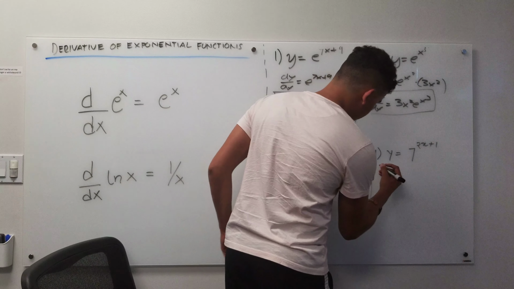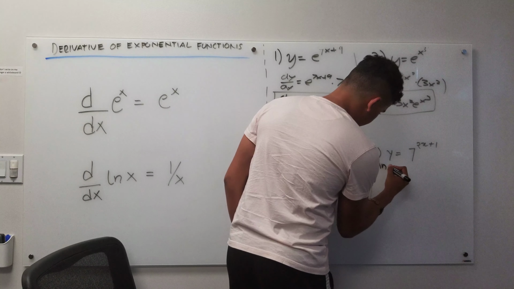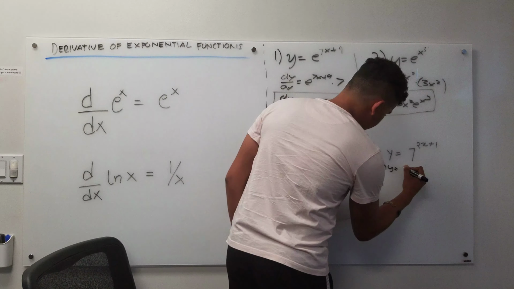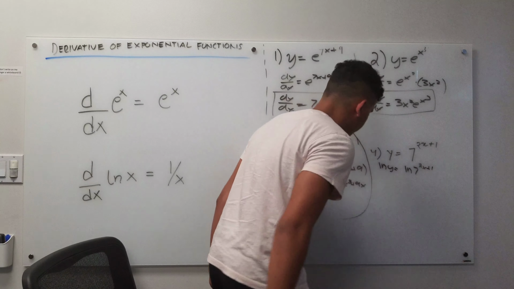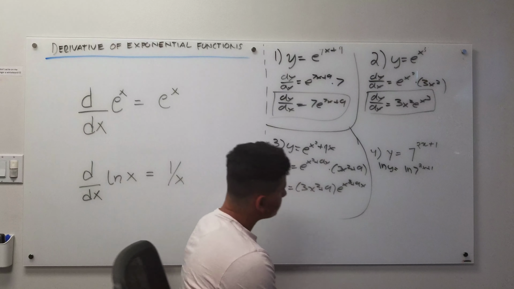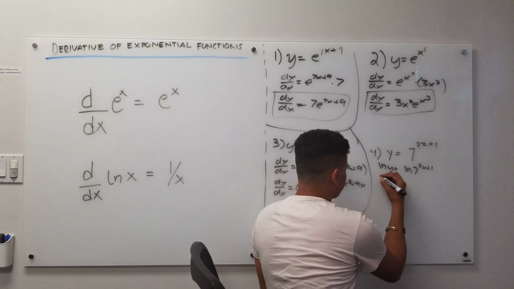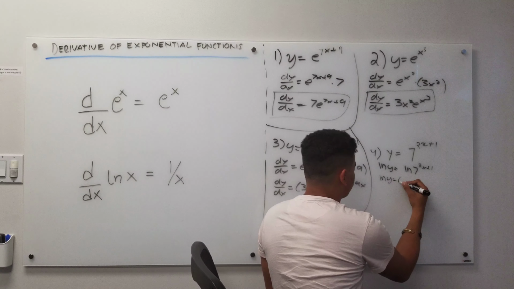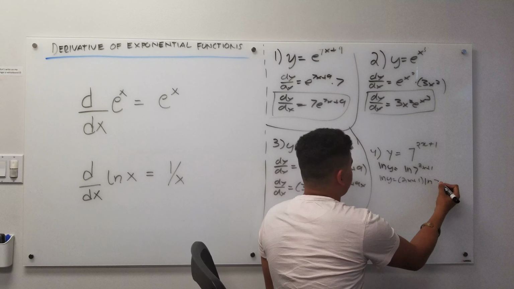Before we take the derivative of this, ln y equals ln 7 to the power of 2x plus 1. Now what does this do for us? Now using the logarithmic properties that we know, we can take this down here. So ln y is equal to 2x plus 1 times ln 7.